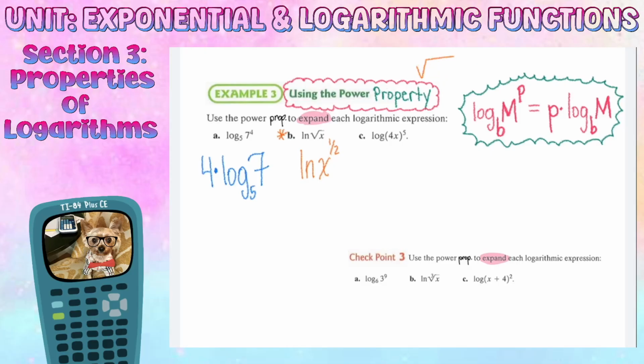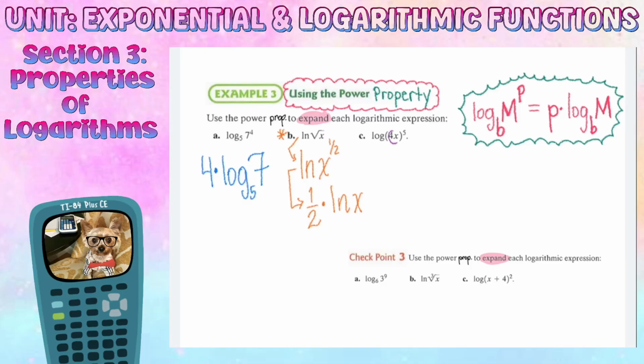Now that I've written it with the power, in the next step I bring it out front: 1/2 ln of x. And that's it. We are done. Now, if that was ln of e, don't forget that the natural log of e is 1.